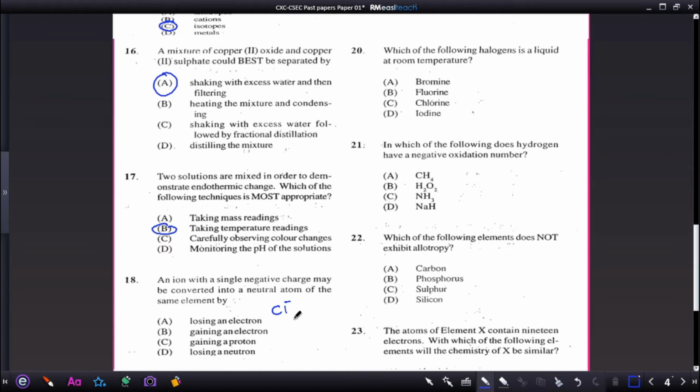In order for the chloride ion to be converted to the chlorine molecule, or the chlorine neutral atom, remember that chlorine exists as a diatomic gas, so Cl2 is completely neutral. The chloride ion must lose 2 electrons, right, to form the chlorine molecule. So the answer for 18 will be A.